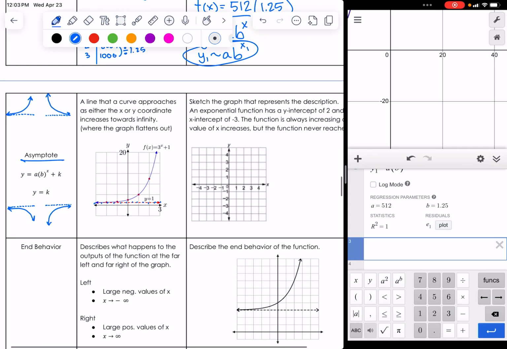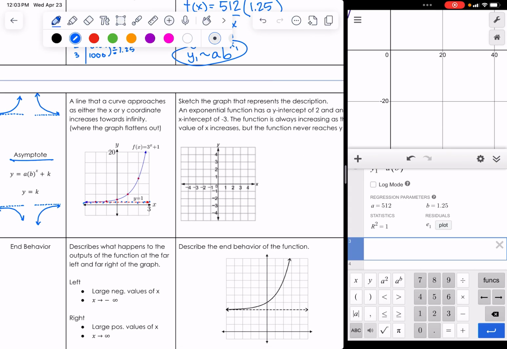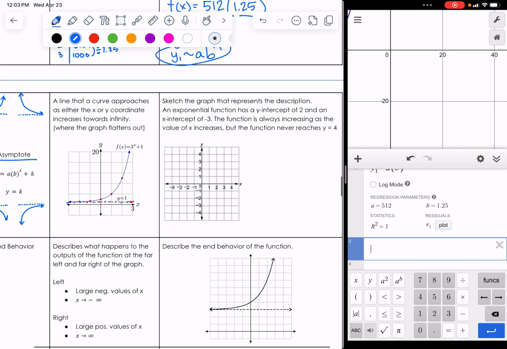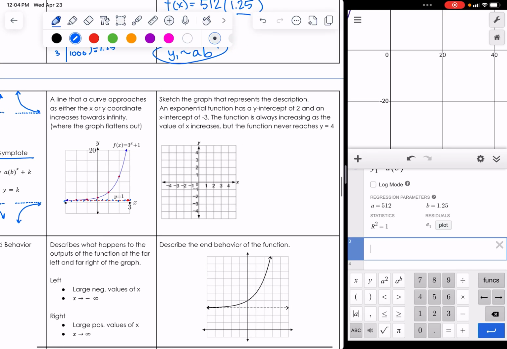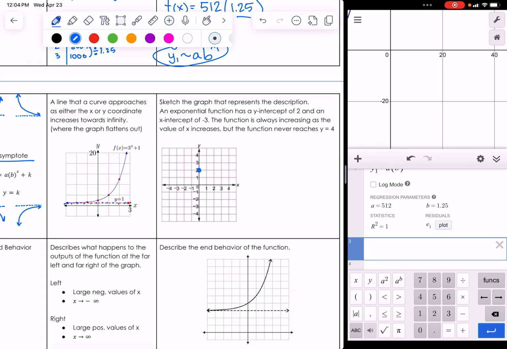And right here in this example, it says to sketch the graph that represents this description. So it's an exponential function, so it's going to look like one of these 4 things right here. And it has a y-intercept of 2, an x-intercept of -3, it is always increasing, and it never reaches 4.